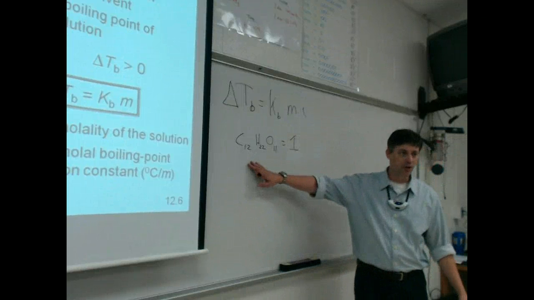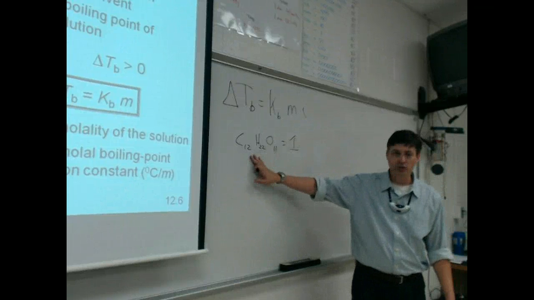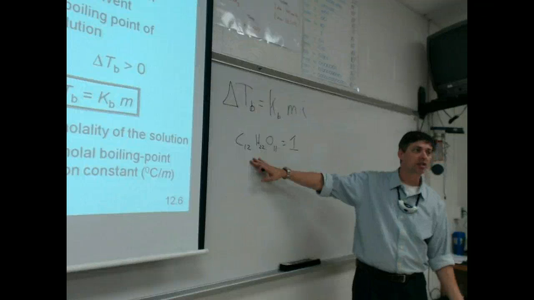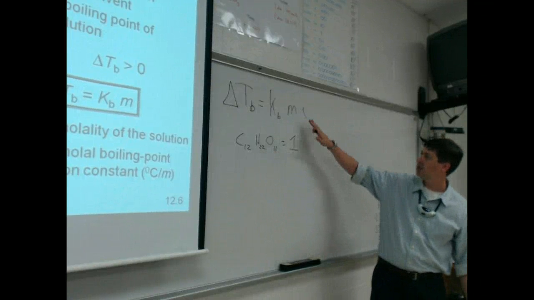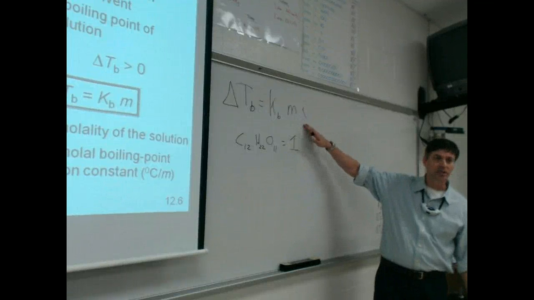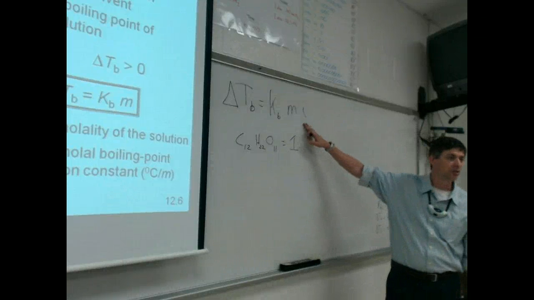This is sucrose. It's a covalent compound. For every one particle of sucrose that I dissolve, I get one particle in solution. So my Van't Hoff factor is 1. So for a molecular compound, we don't really need this i, which is why it's not on the PowerPoint.